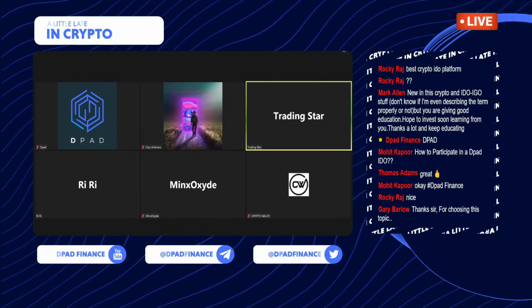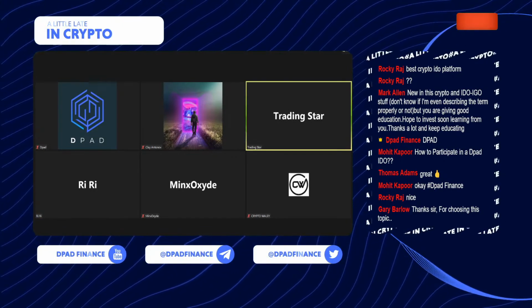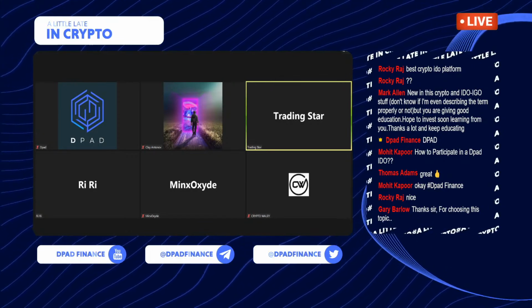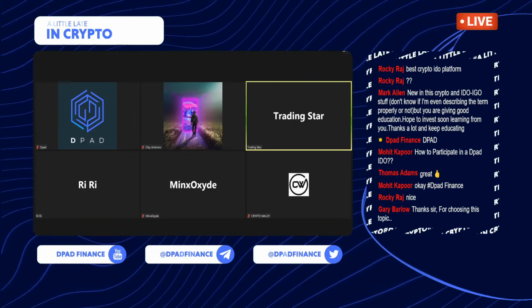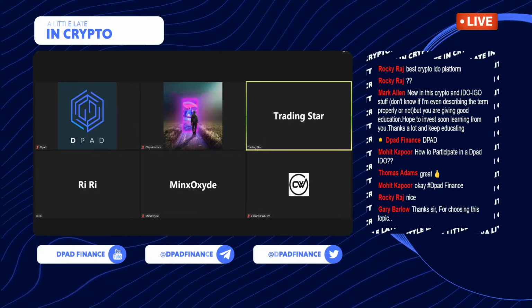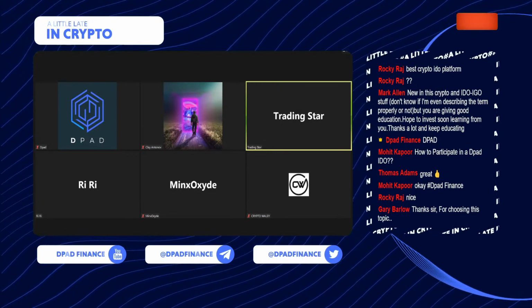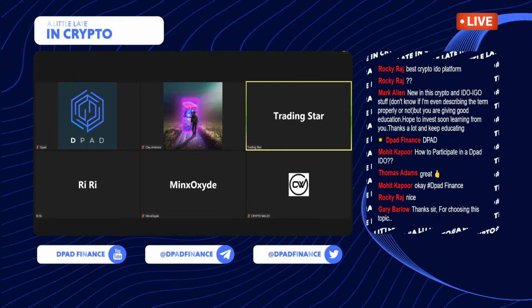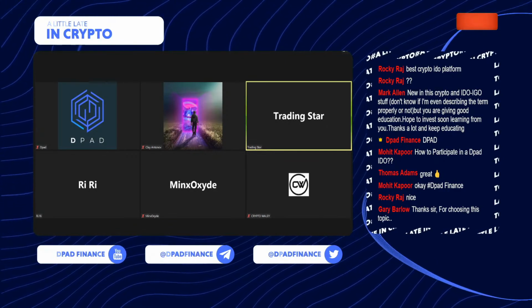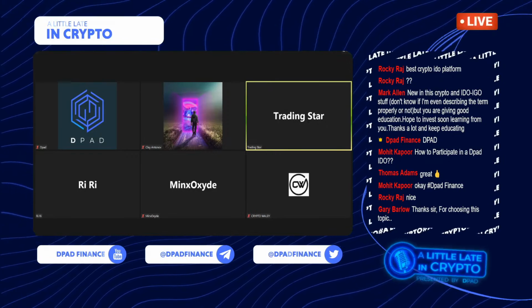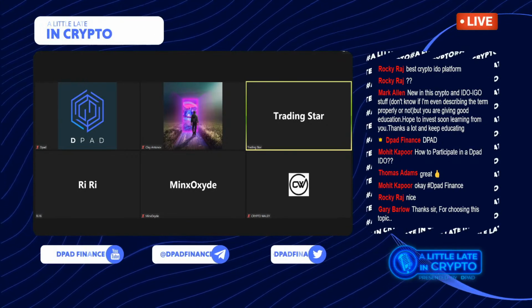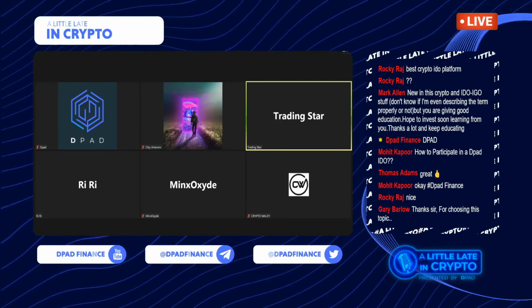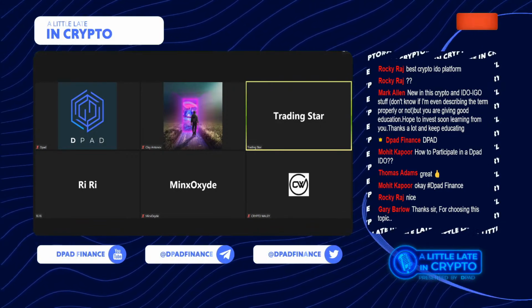So initial coin offering is the full form of ICO, and initial DEX offering is the full form of IDO. Along with that, we have so many terms right now, like IEO, initial exchange offering, happening on centralized exchanges like Binance, MXC, Gate.io, KuCoin, and there are so many other names as well for those listings, like FTX.